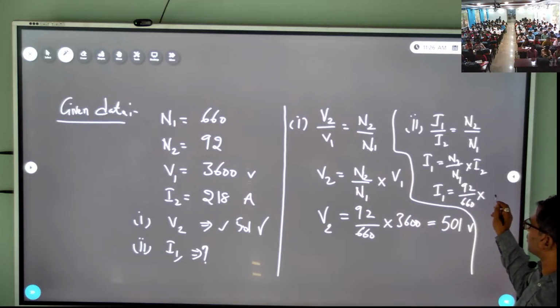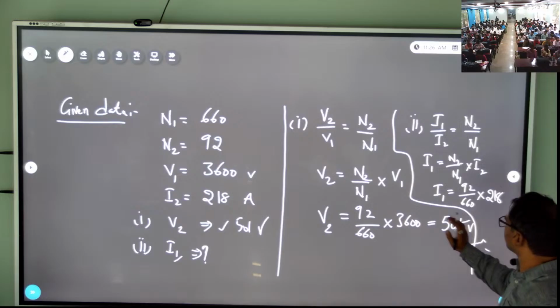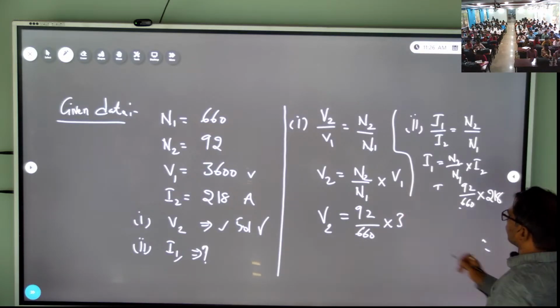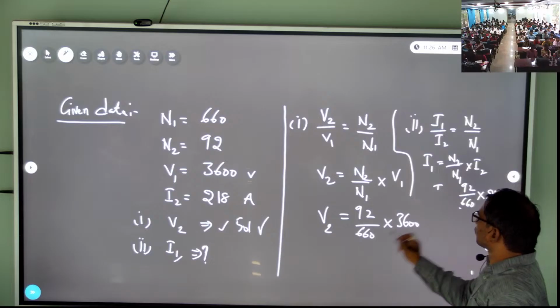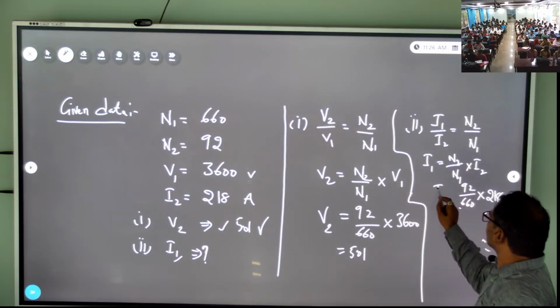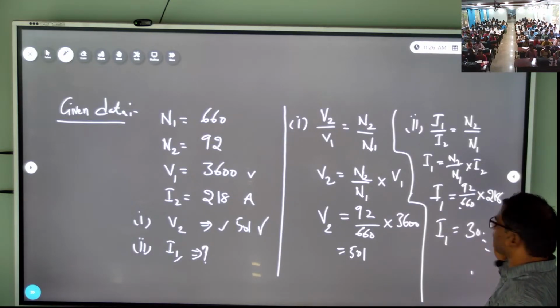I2 is how much? 280. I1 is 30 point something.